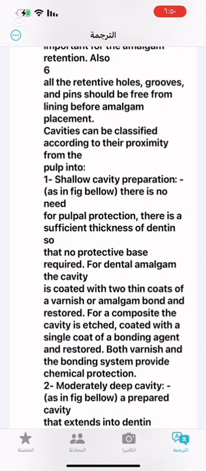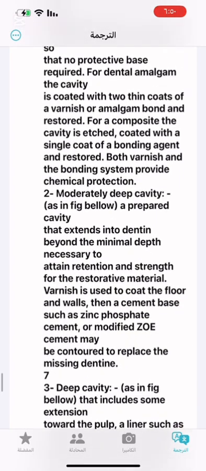Cavities can be classified according to their proximity from the pulp. 1. Shallow cavity preparation. As in the figure below, there is no need for pulpal protection. There is a sufficient thickness of dentin so that no protective base is required.